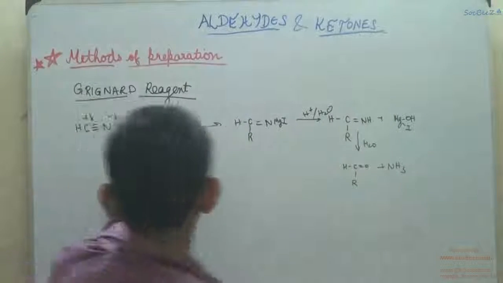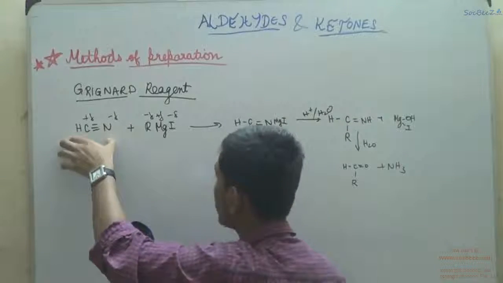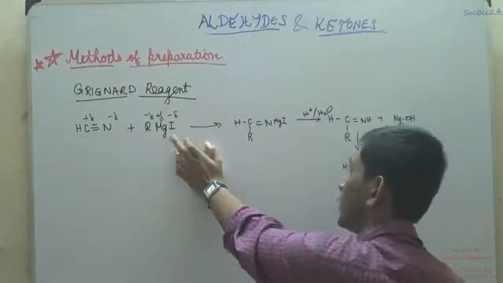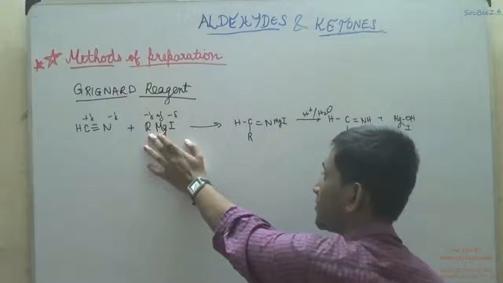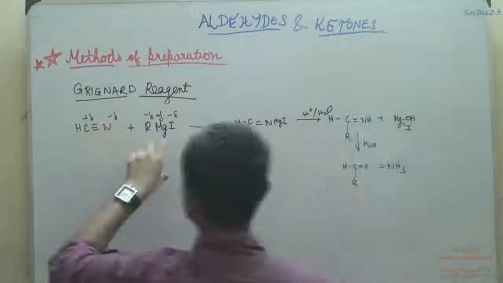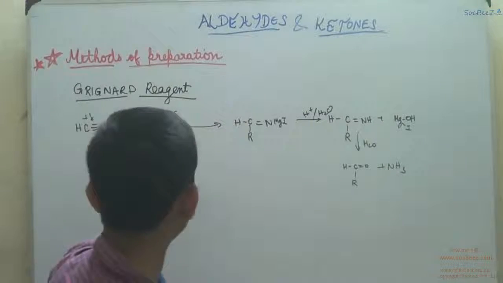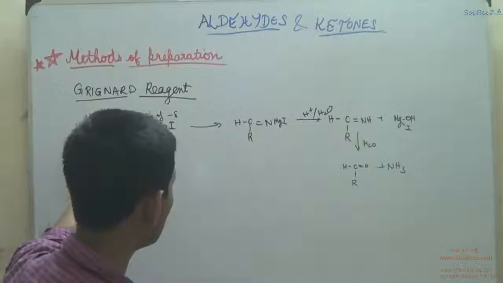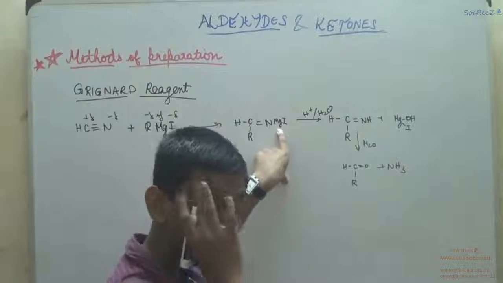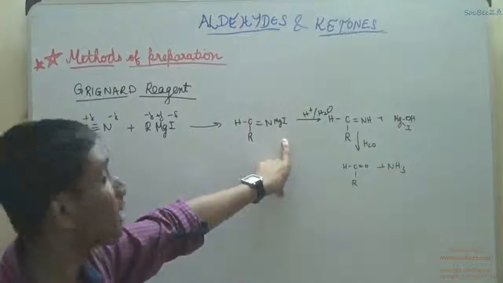So, Grignard reagent, you treat it with HCN, hydrocyanic acid, and what happens? This being negatively charged, this positively charged, you know. So this goes and attacks this carbon atom, giving rise to this R. This gets shifted here, and MgI gets attached to the partially negative nitrogen atom.